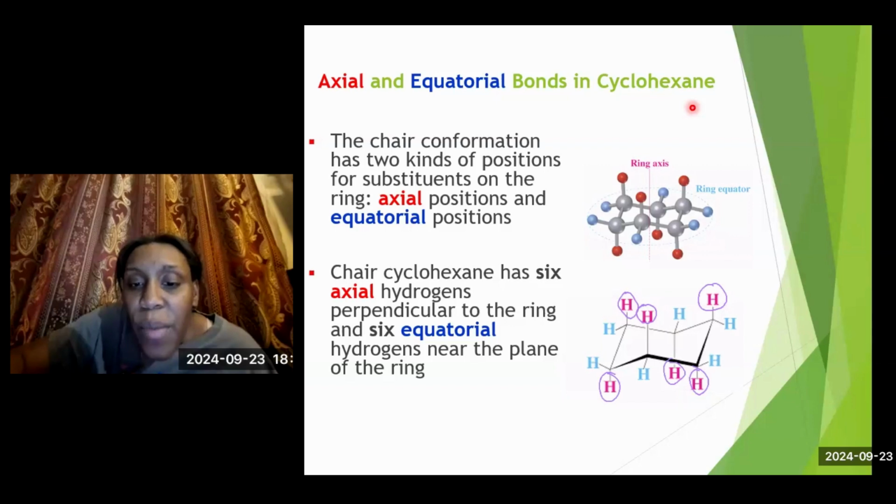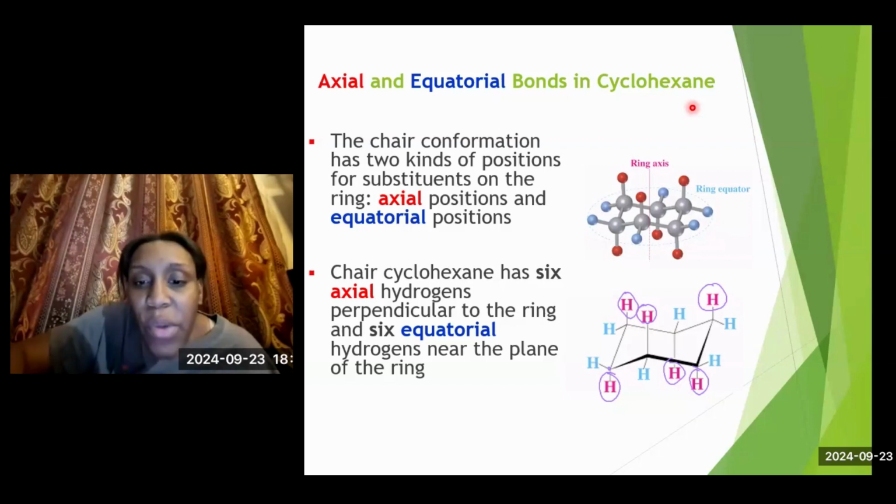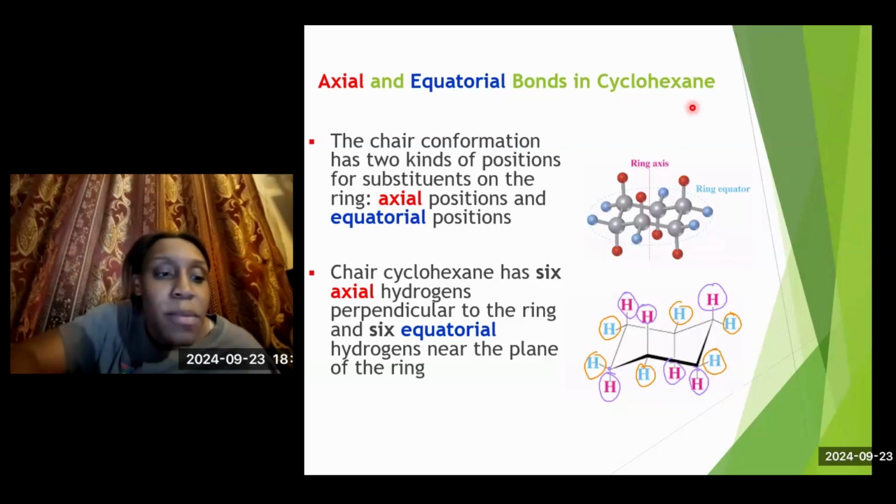So on every carbon, because there are 6 carbons, you're going to have an axial hydrogen, which I just circled in purple. You're going to have 6 of those. And then you're also going to have your equatorials, which are going to be 6, because every carbon is going to have 1 axial, 1 equatorial. So you're going to have 6 of both of those.